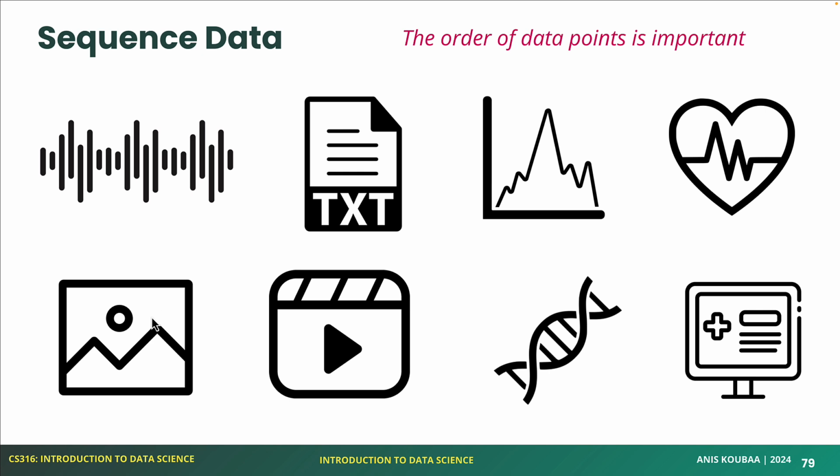Also images. An image is basically a grid of pixels. But in the recent trend of AI and generative AI, which is what makes the transformation of artificial intelligence, with the technology that is called transformer, the transformer was applied initially to text, which has a sequential nature, and then it was applied also to images.